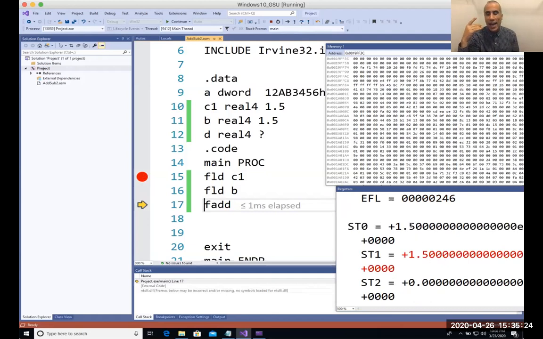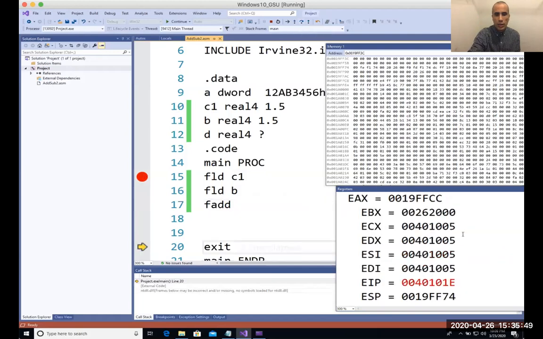So we say FADD. FADD is going to take ST1, if you see the pointer right here, and add it to ST0, and it's going to pop the results. So the 3 should be seen here at ST0. You see what I'm talking about? If we want to do this, we're just going to go right here.